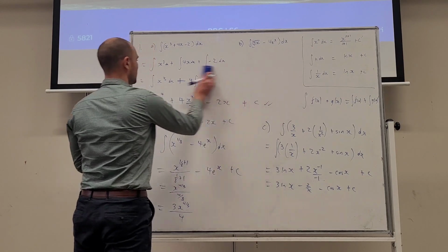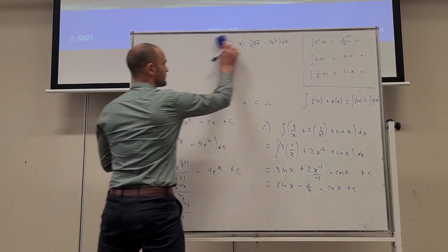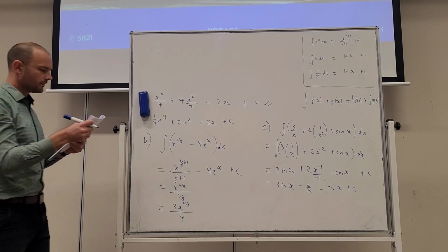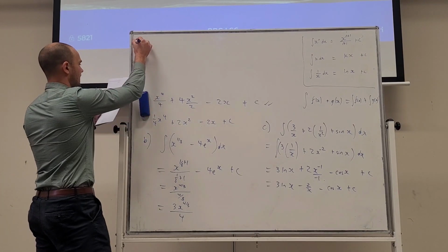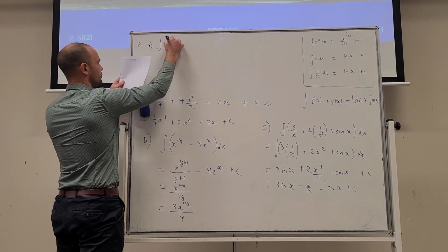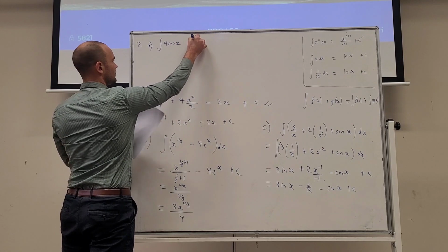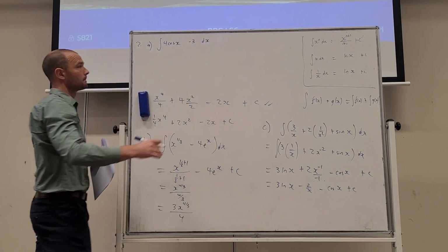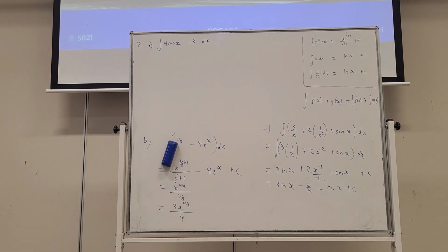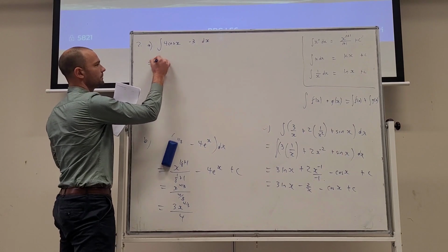Let's move on to the second question. In the second question, we've just worded it a little bit differently. Find the antiderivative of the following with respect to x. So what that means is integrate this function. So, term by term, 4 is just going to hang out.